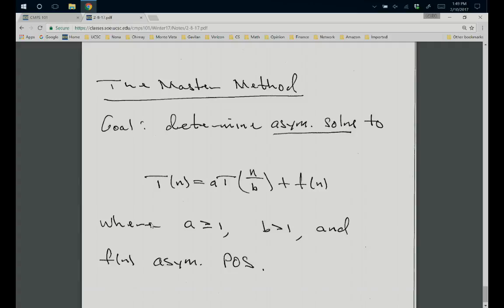This base, however, you must specify, because that base determines a specific number, and that's the degree on n, the power on n, if you will. And that degree is critical in determining how fast n to the log base b of a is.